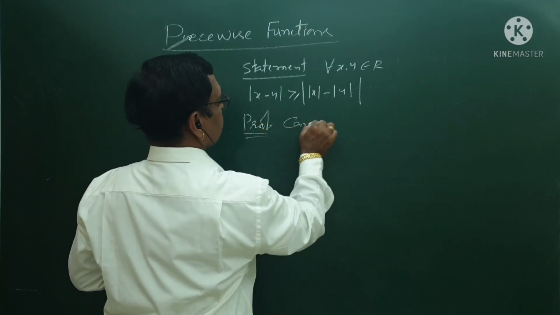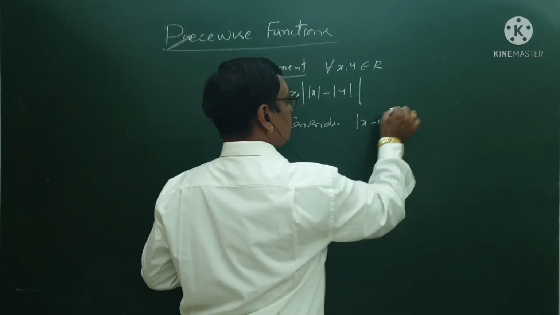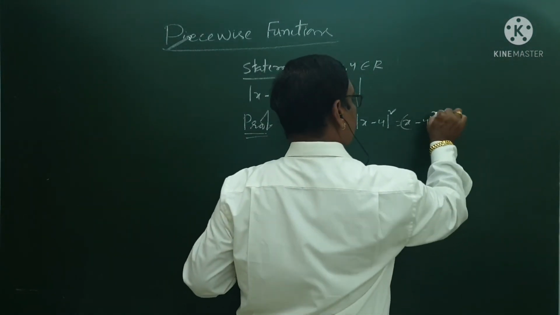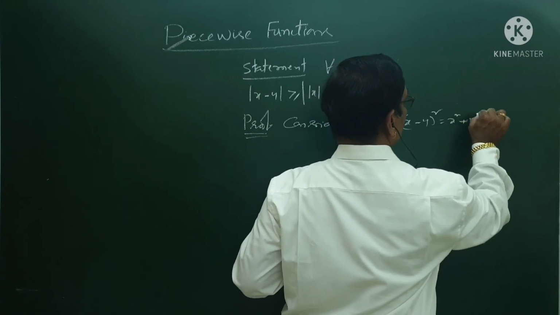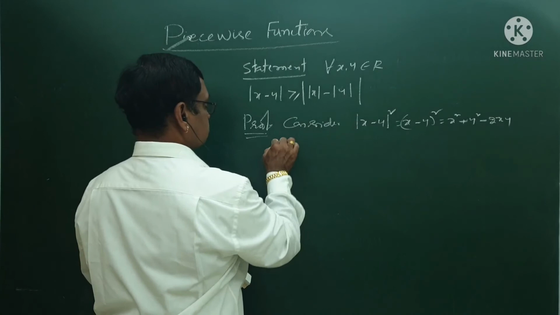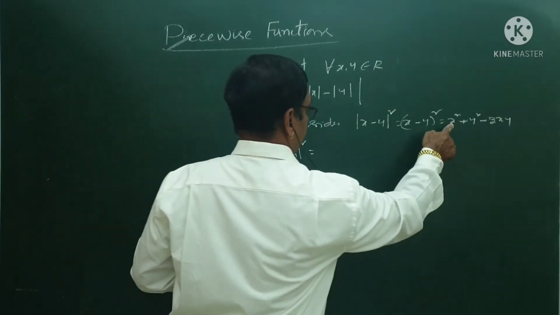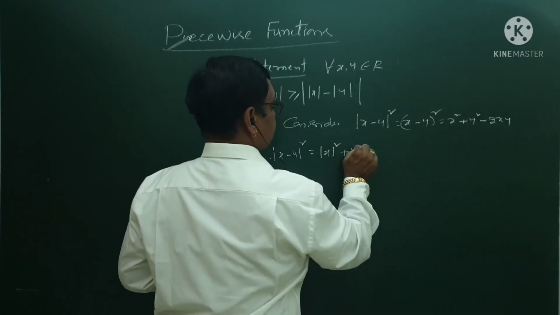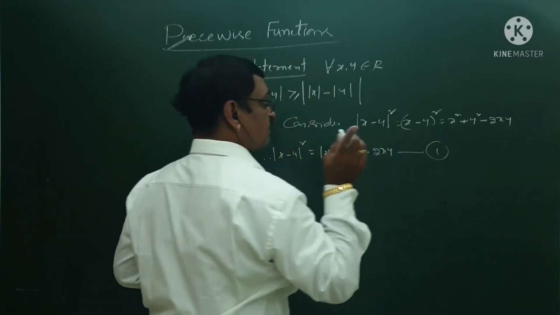Consider mod x minus y whole square, and this can be written as x minus y whole square, and this is nothing but x square plus y square minus 2xy. Therefore, mod of x minus y whole square equals, I can write x square as mod x whole square, I can write y square as mod y whole square. Of course, the 2xy as is. That is number 1.